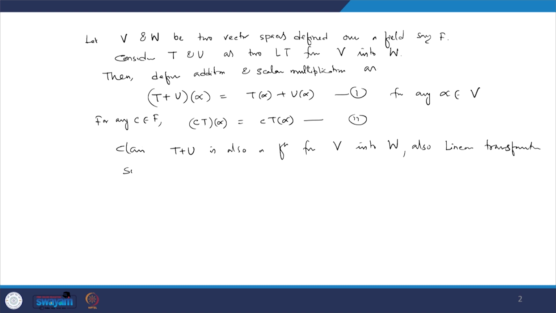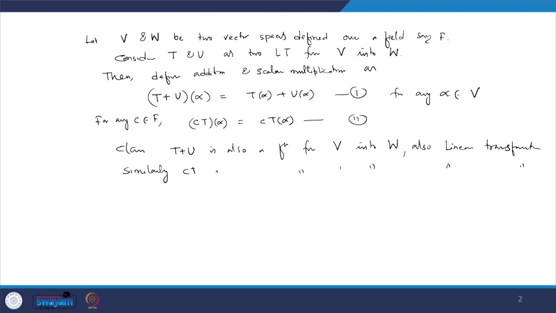Similarly, C T is also a function from V to W and also a linear transformation. If I can somehow prove it, then if I collect all the linear transformations from V to W, and I denote that set as, suppose, L(V, W), then I will basically show that L(V, W) is also a vector space.